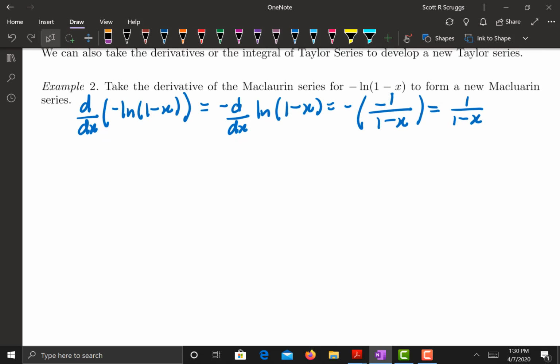Now keep in mind that we talked about before that this has a Maclaurin series of the following form. So that means when we do the derivative term by term, I want that series to pop up to verify that.